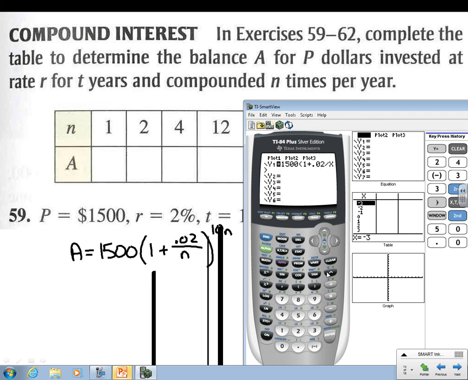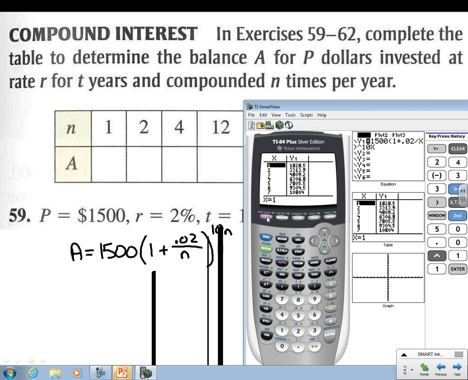So I'll close my parentheses and then raise it to the 10x. And let's go ahead and use our table set to start with 1, and then we'll count by ones. And let's see what our table tells us. So in year 1, we're going to make $1,828.50. That doesn't seem right at all.